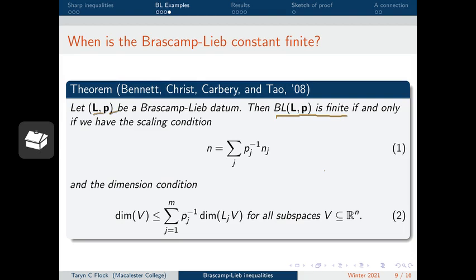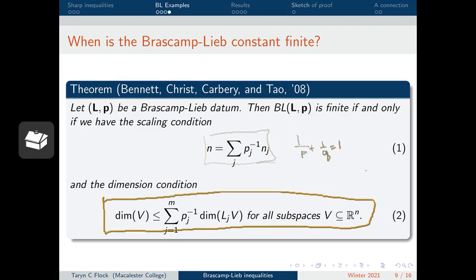We're required to have an appropriate scaling condition. Think the 1 over p plus 1 over q is equal to 1 in Hölder's inequality. And we're also required to have a dimension condition that is morally telling me that the kernels of these linear maps line up in an appropriate way dependent on my p's.